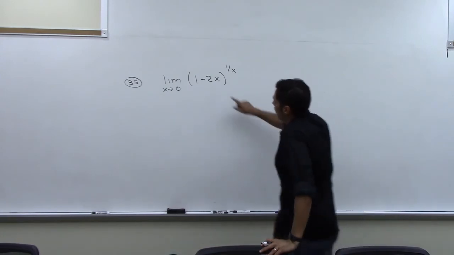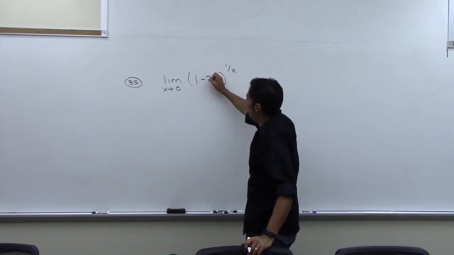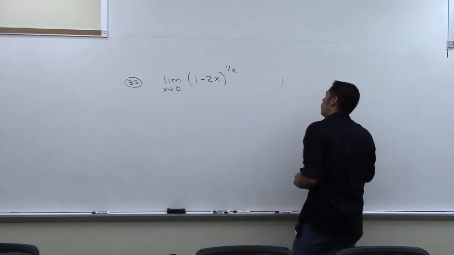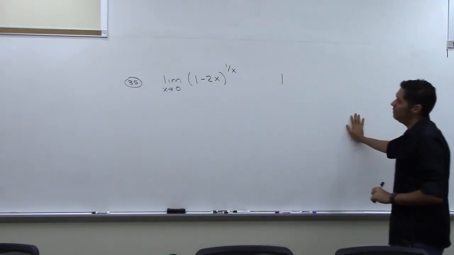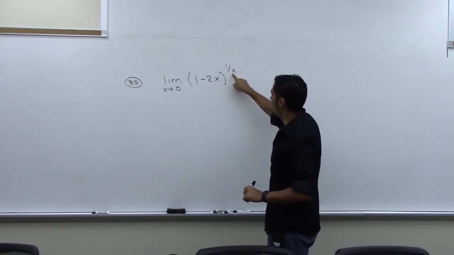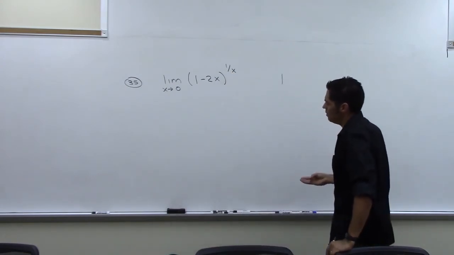As x approaches 0, this is going to become very small, right? That's going to approach 0, and 1 minus 0 is going to be approaching 1. So the base is wanting to be 1, and then as x goes to 0, we have a fixed number over 0, which is going to be either infinity, negative infinity, or does not exist.